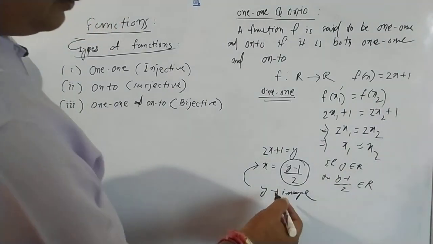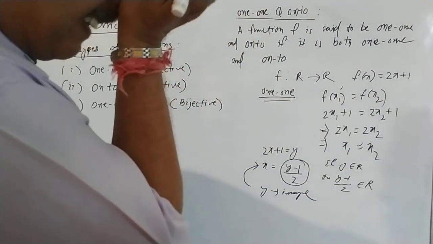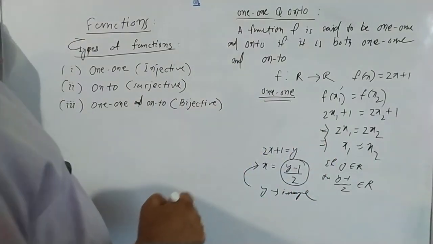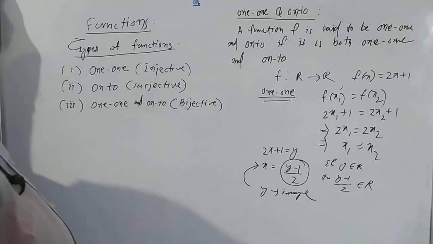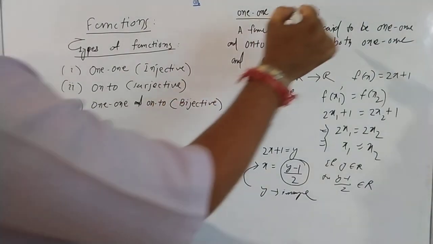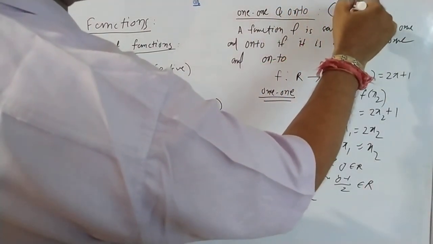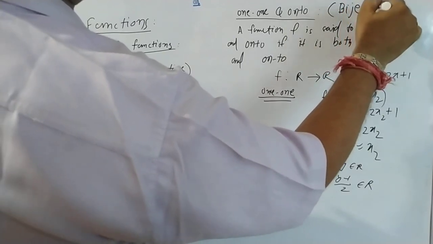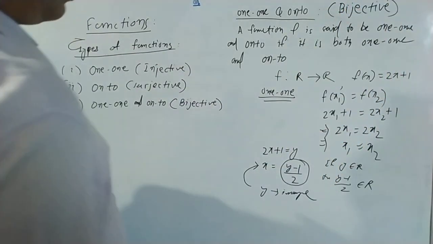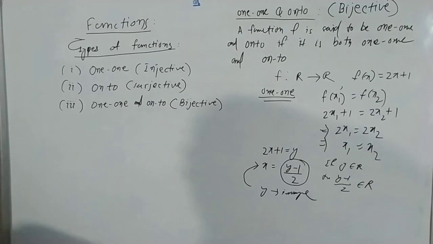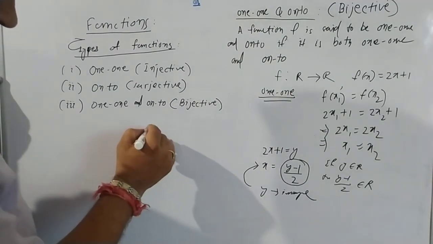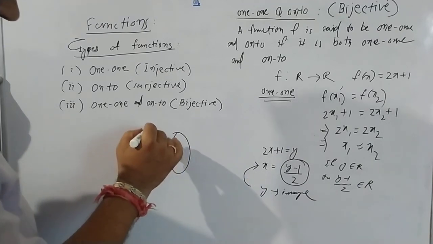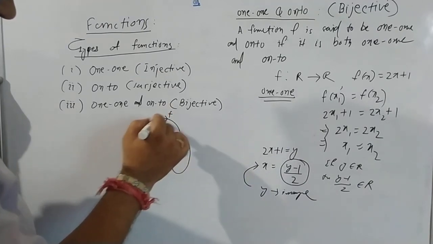So this is onto. So this is one-one and onto, or it is called bijective, because it is both injective and surjective. Generally bijective functions are like this.